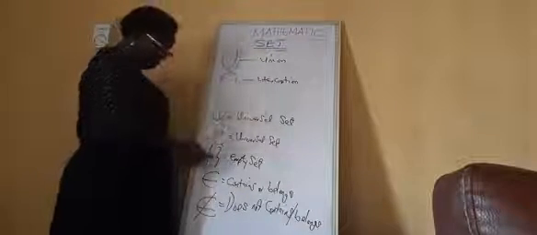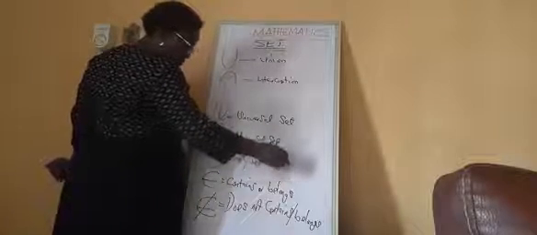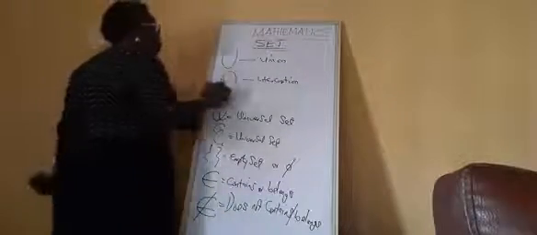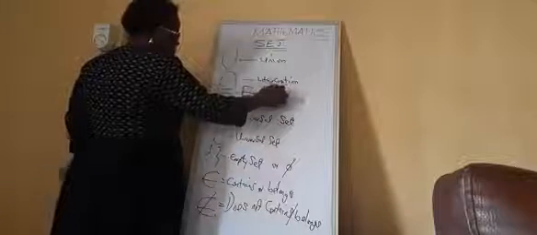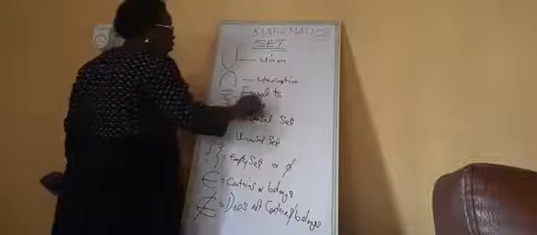Then I made mention of empty sets here, or you can take this form as well. Then we have equal to. So if I cross this, it means does not equal to.